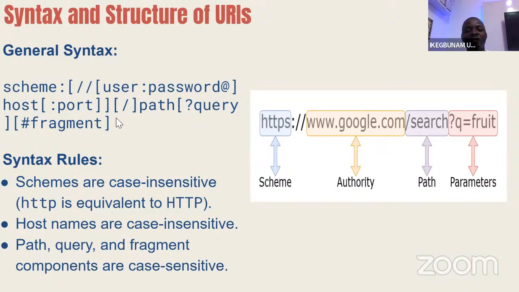This is basically for maybe connecting to a database, by giving it the user, a port, and maybe some other requirements for logging into a particular database. The syntax of a scheme is case sensitive, which means capital A is not the same as capital B. It's also worth noting that host names are case sensitive as well. Path, query, and fragment components are also case sensitive.